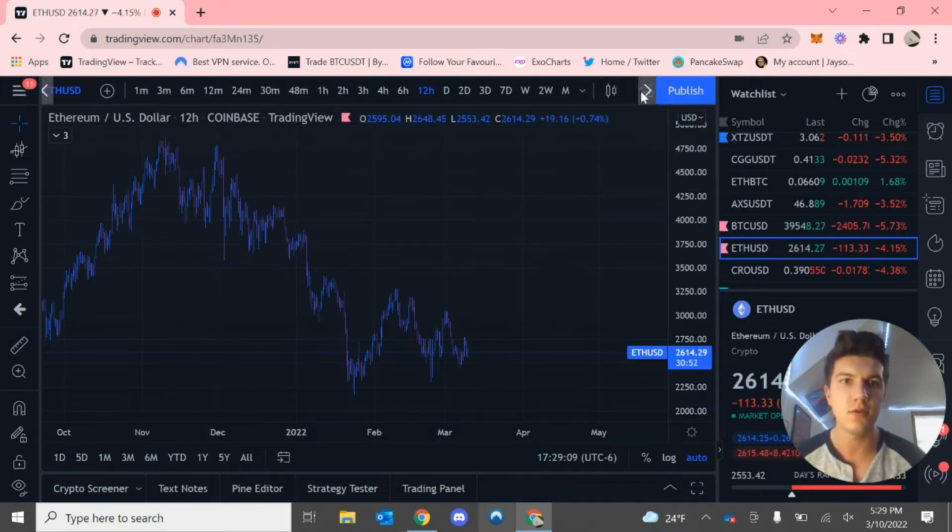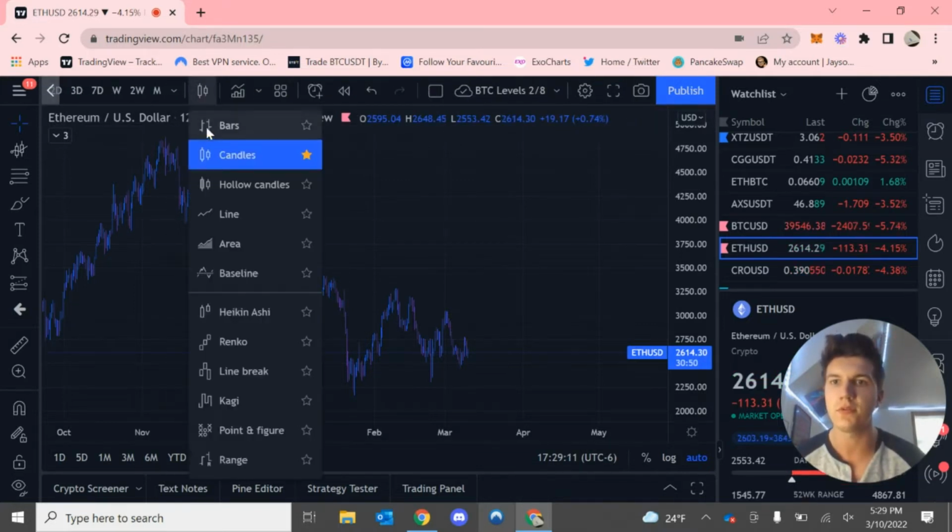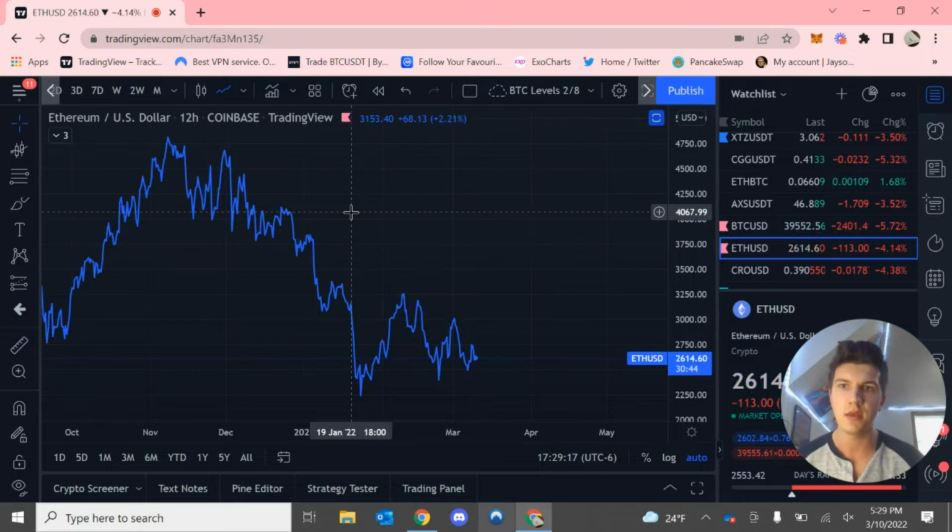What you want to do is go over to the candlestick thing and then hit line. And here you can easily identify a pivot point, and a pivot point, when I say that, is a change in price or a reversal in a way.